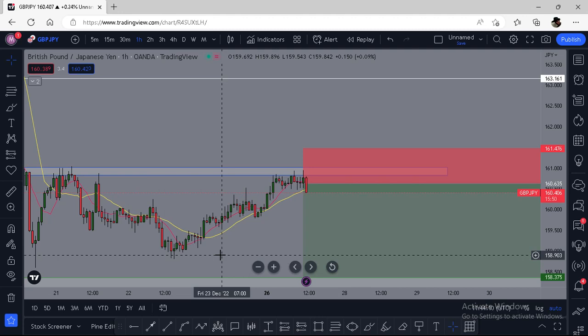Remember, volatility 75 is not affected by real world events, so it moves even on weekends, and it's only traded on derivatives. It's a synthetic index, something that's been made and programmed with a laptop.